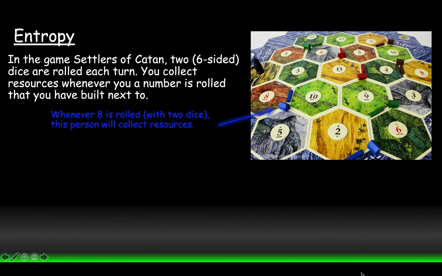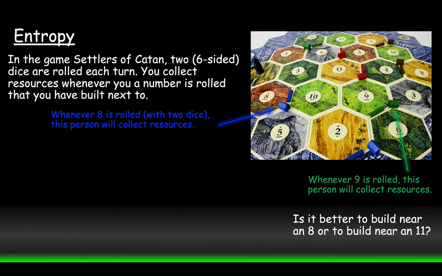For example, if an 8 comes up, the blue player would get to collect one of this resource because the blue player is built next to the 8 tile. If on the next turn a 9 is rolled, then the green player and the red player are both built next to the number 9, so both would collect one of this other type of resource.